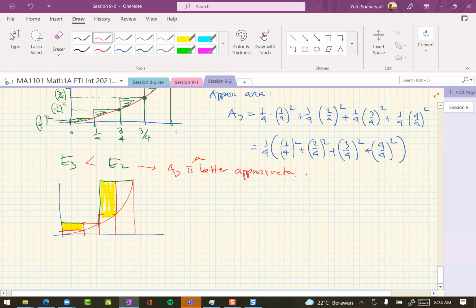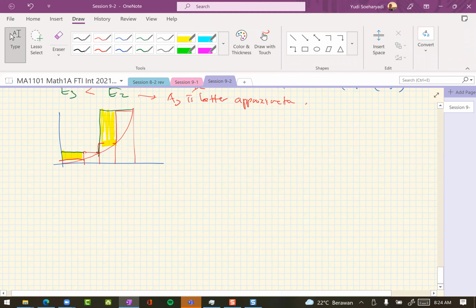Okay, and let's continue this one this time. So what do you guess, how should we proceed with the fourth approximation?